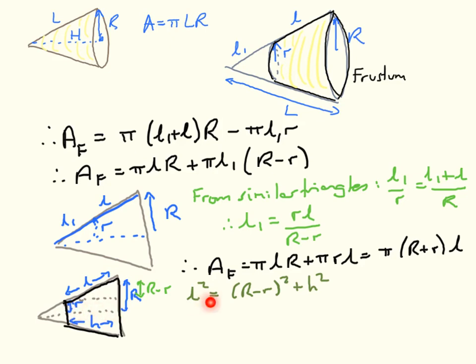And now we can just take this, we can take the square root of both sides. These are all distances, so they're all going to be positive, and we can replace L here by the square root of this.